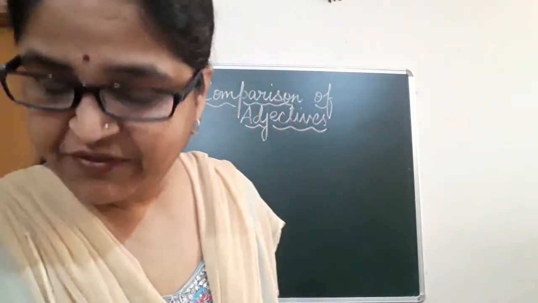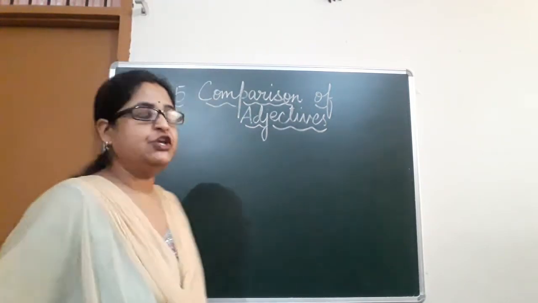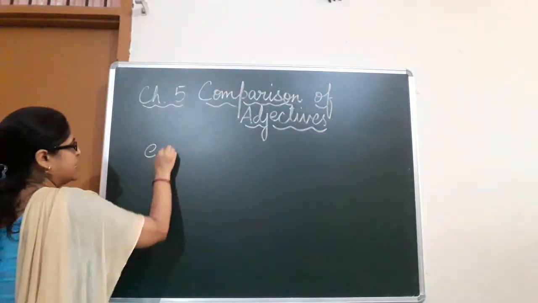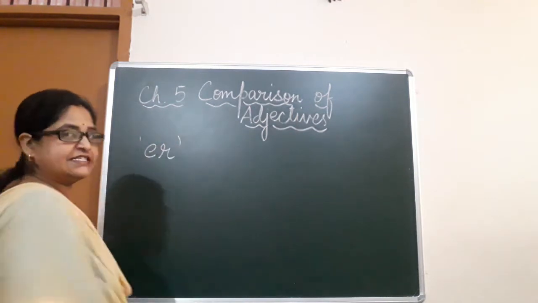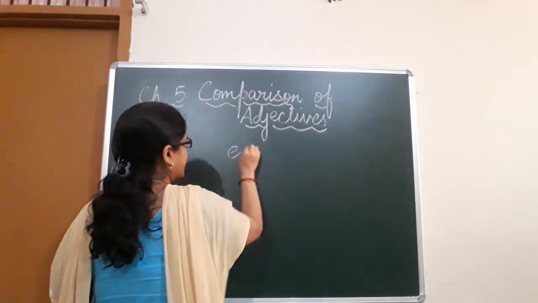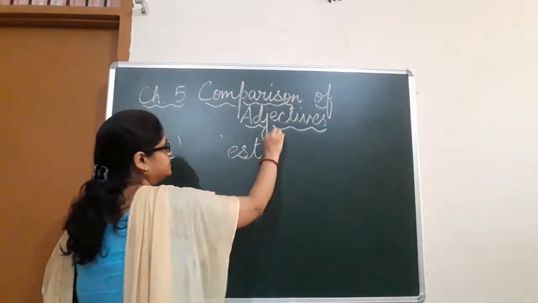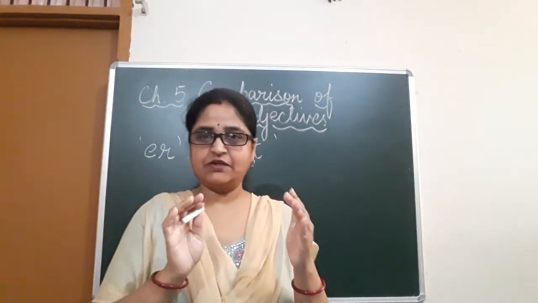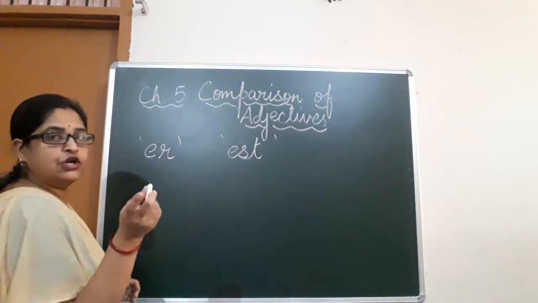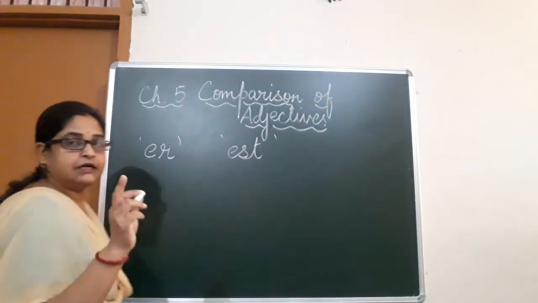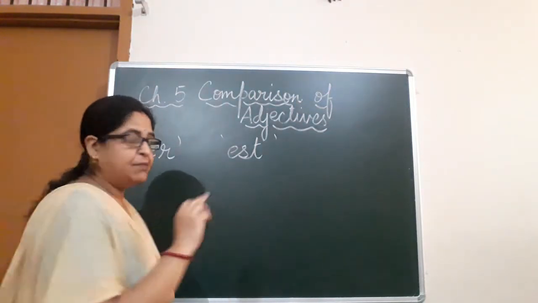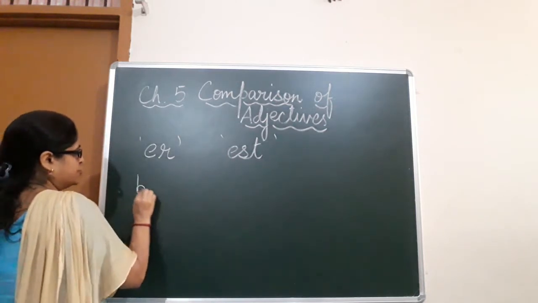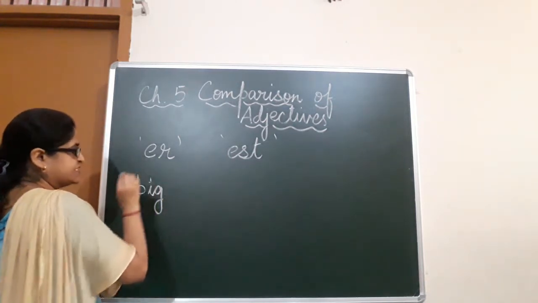Now what happens when we compare? Mostly we add ER or EST to the adjectives to do the comparison. As I gave you the example of the sanitizer, the adjective word is big.